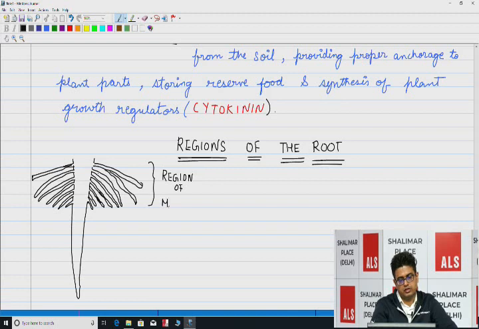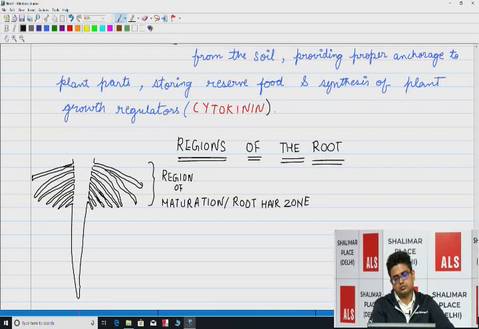The region of maturation or root hair zone.